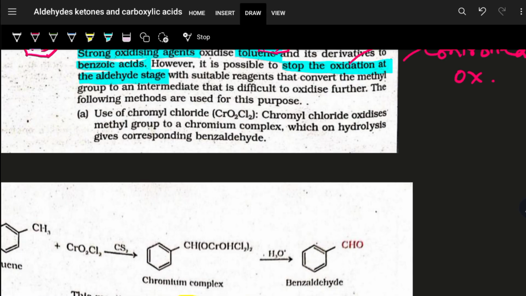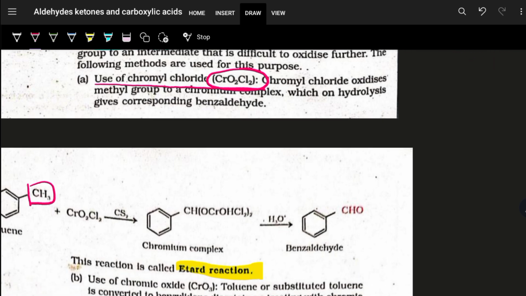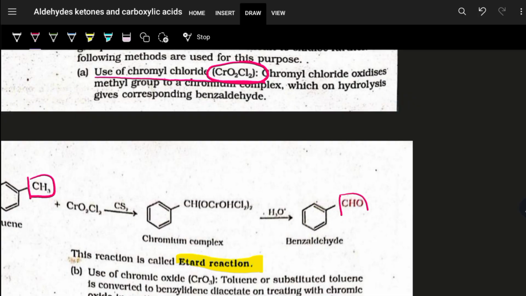Let us see what are those suitable reagents. One is chromyl chloride. Chromyl chloride is CrO2Cl2. It oxidizes the methyl group to chromium complex.